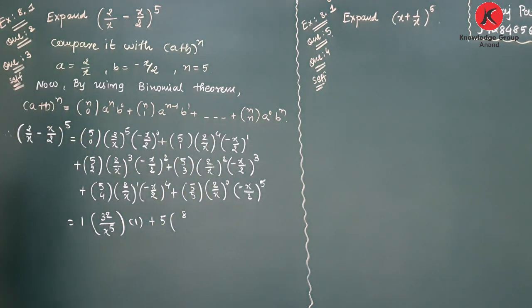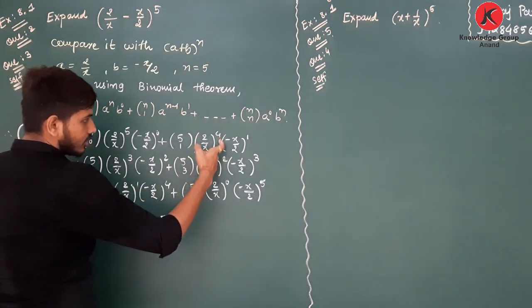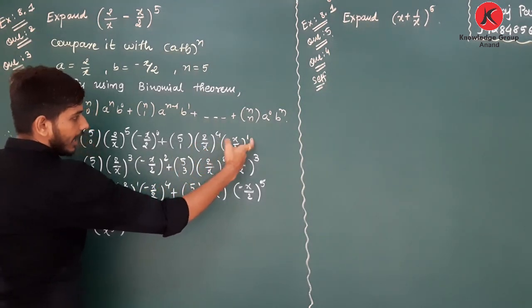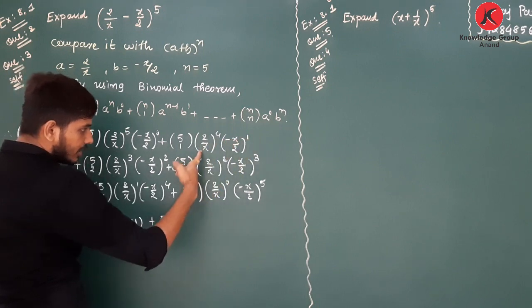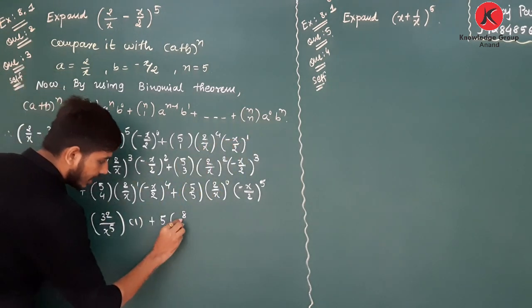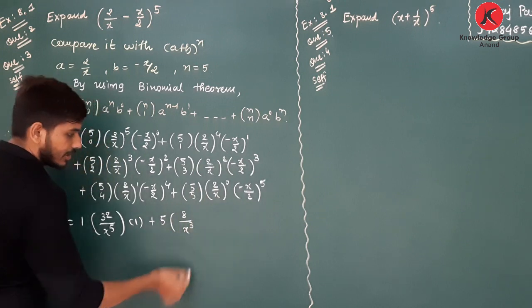Then x raised to 1 divided by x raised to 4, we can directly write x raised to 3 here.